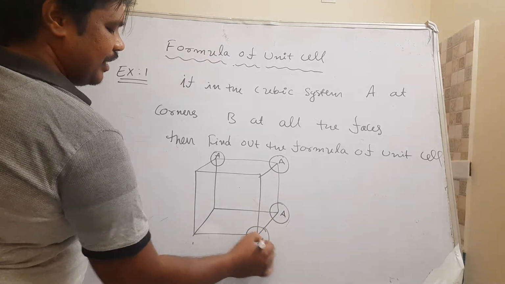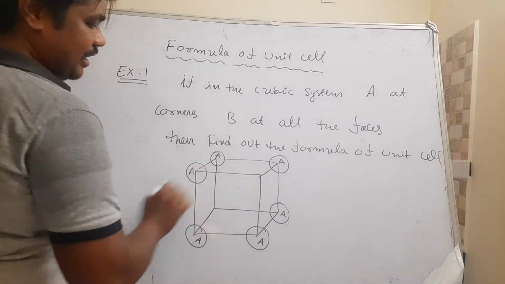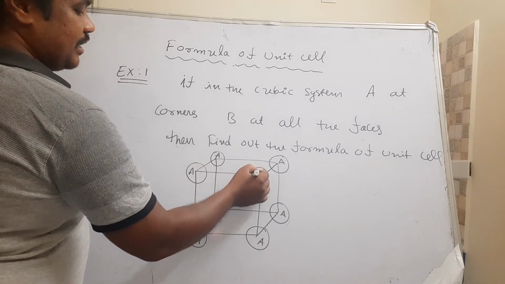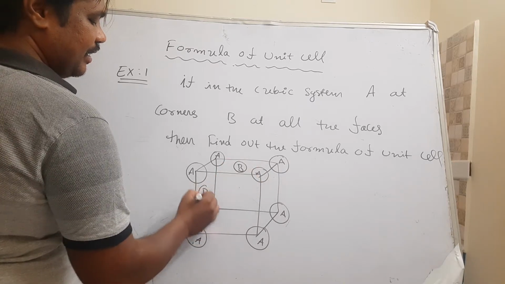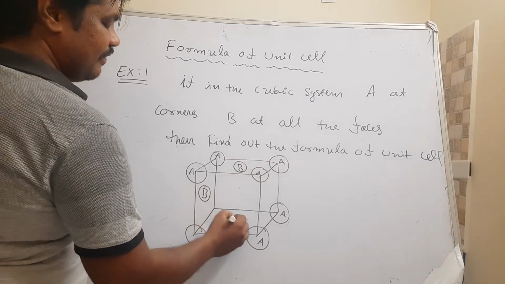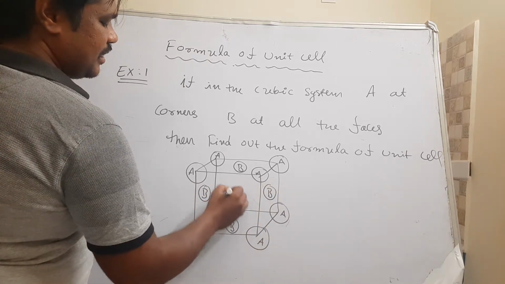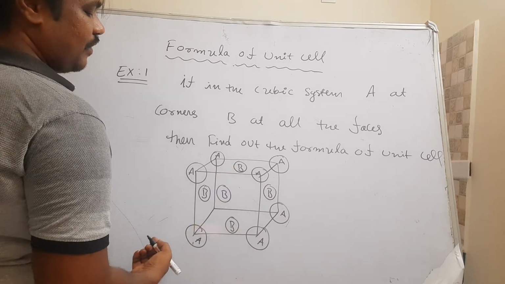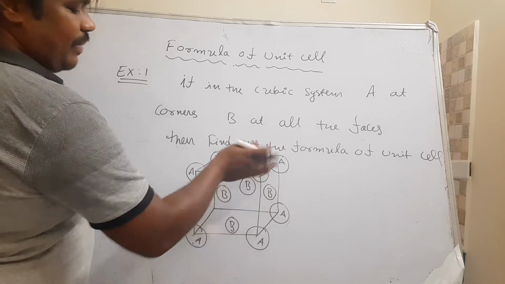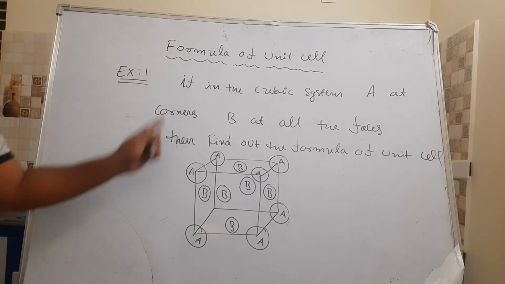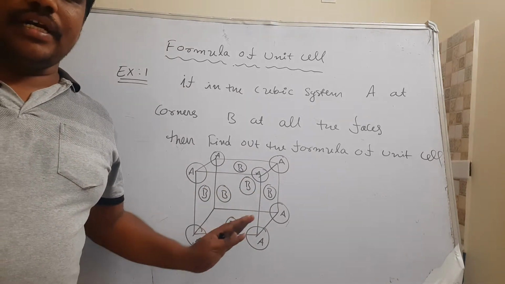At each and every face center there is a B. This B is at the face center of the front face, and this B is at the face center of the back face. So this is the question they are asking: all the A's are at corners and all the B's are at face centers.